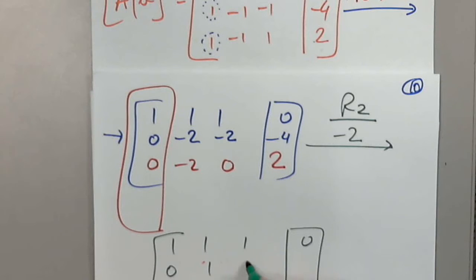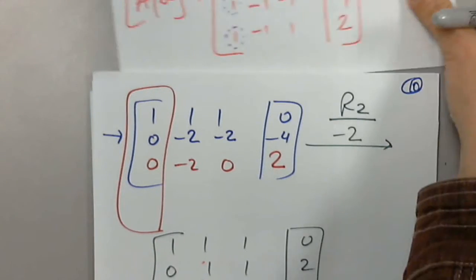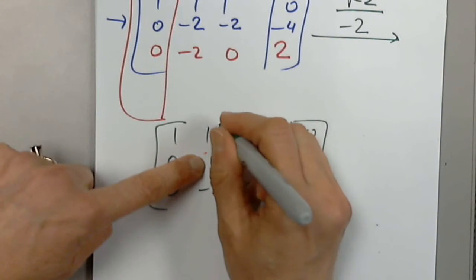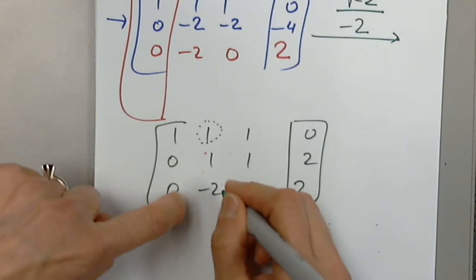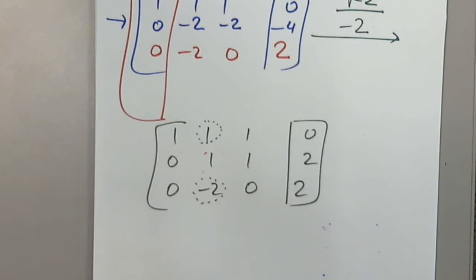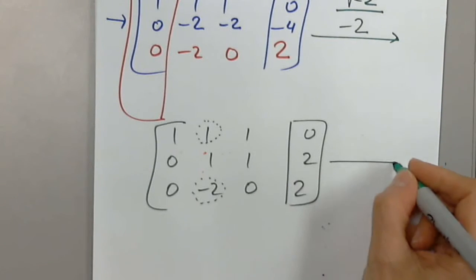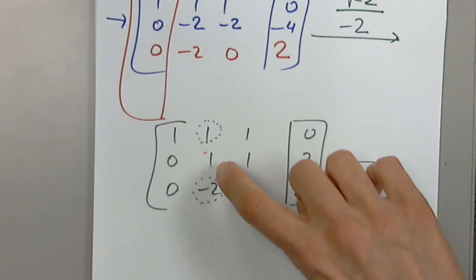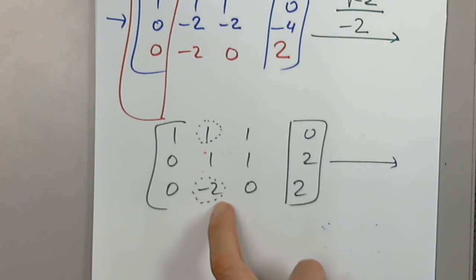So 0, 1, 1, 2. 0, negative 2, 0, 2. Which row? I have 1. So now I need the 0 corresponding to the zeros in the second row, column. Good. Which row will I be using now to get the 0 here? And I will be using now to get the 0 here.